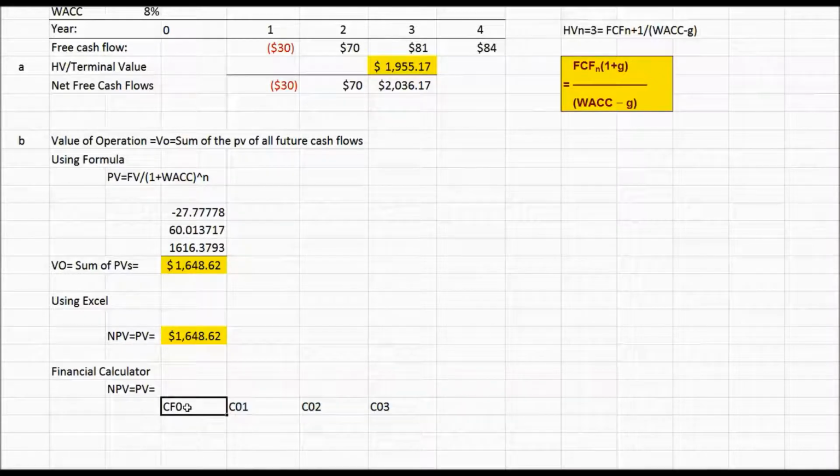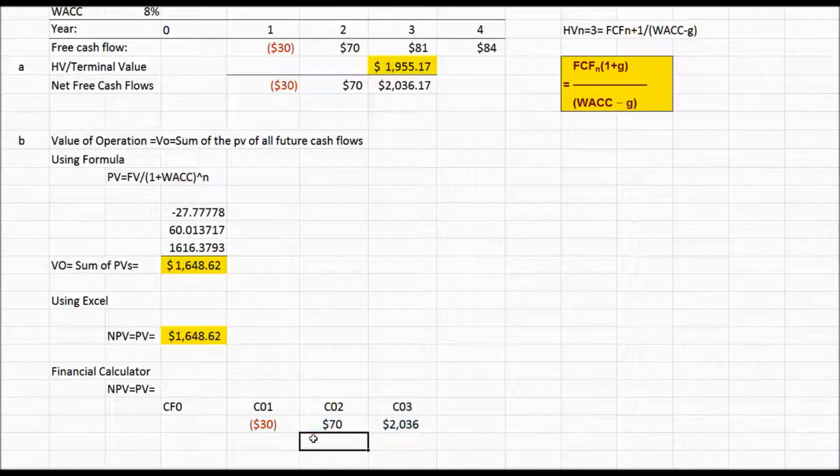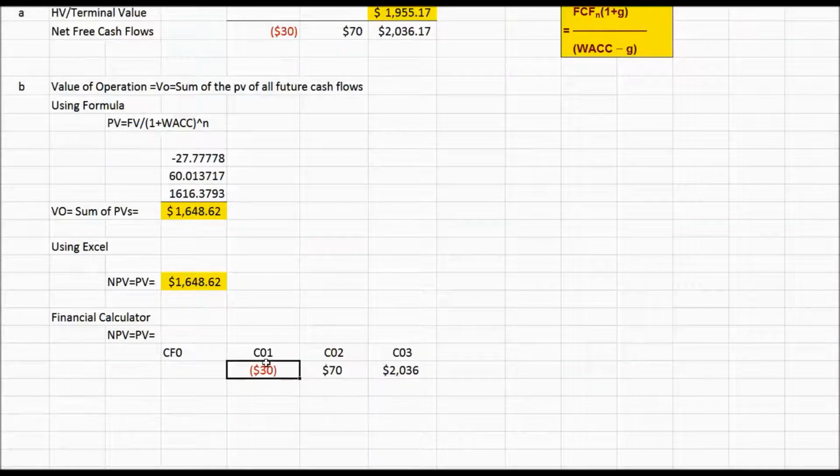So that's where the CF0 belongs. My this number equals 30, so I'm copying this number from here. Let me put this number here and make it nice looking. Okay, so I'm just showing you how to put these numbers in your calculator and find NPV.